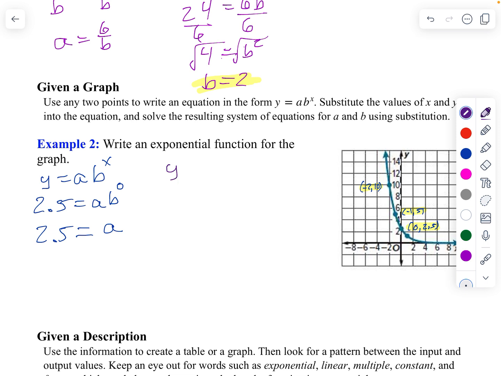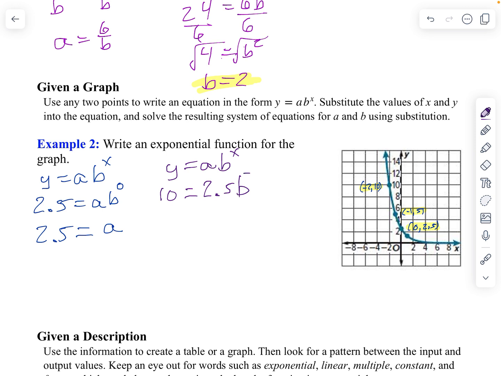So y equals a times b to the x. I'm going to substitute 2.5 in for a right away because I know that. So 2.5 times b. Whoops, I didn't write y, did I? Let's write the number for y. So y is 10. So 10 equals 2.5 times b to the -2.